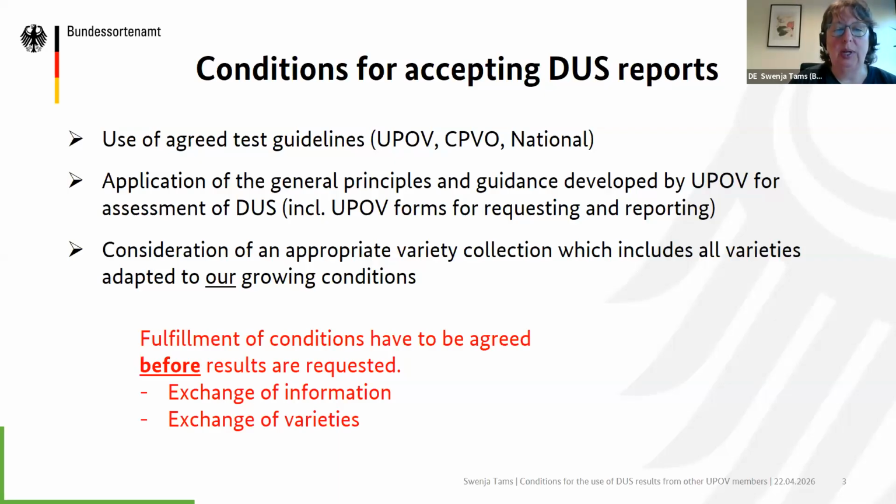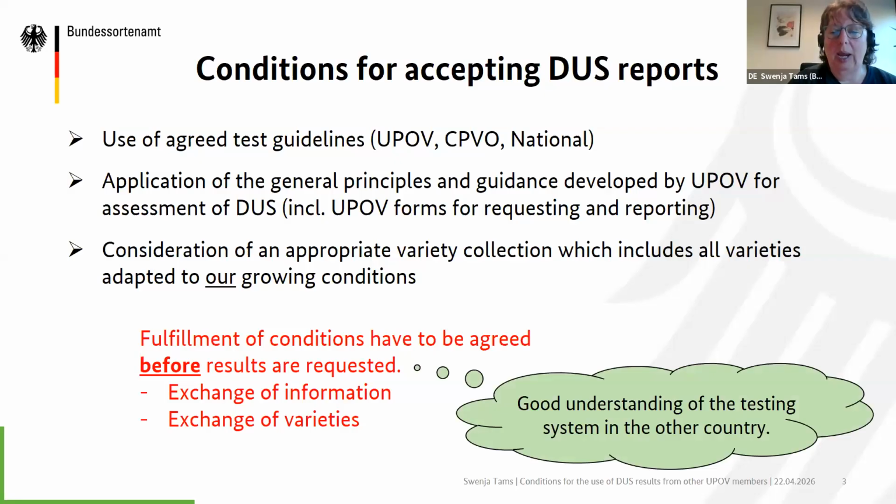What are they doing, and are we happy with that, or are there issues which need to be discussed beforehand? So what we aim for is really a good understanding of the testing system in the other country before we accept in general the DUS reports for a certain species.